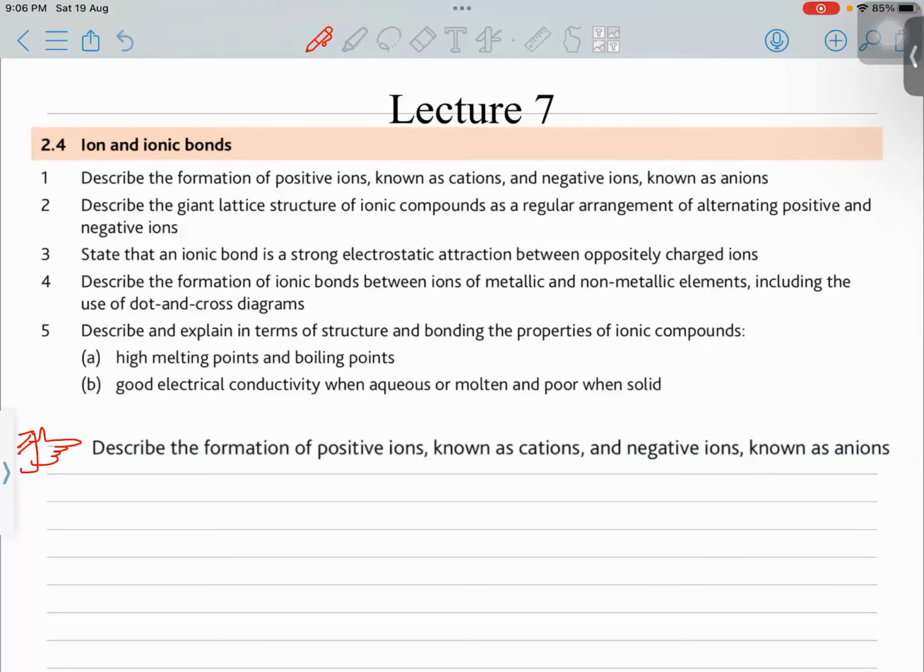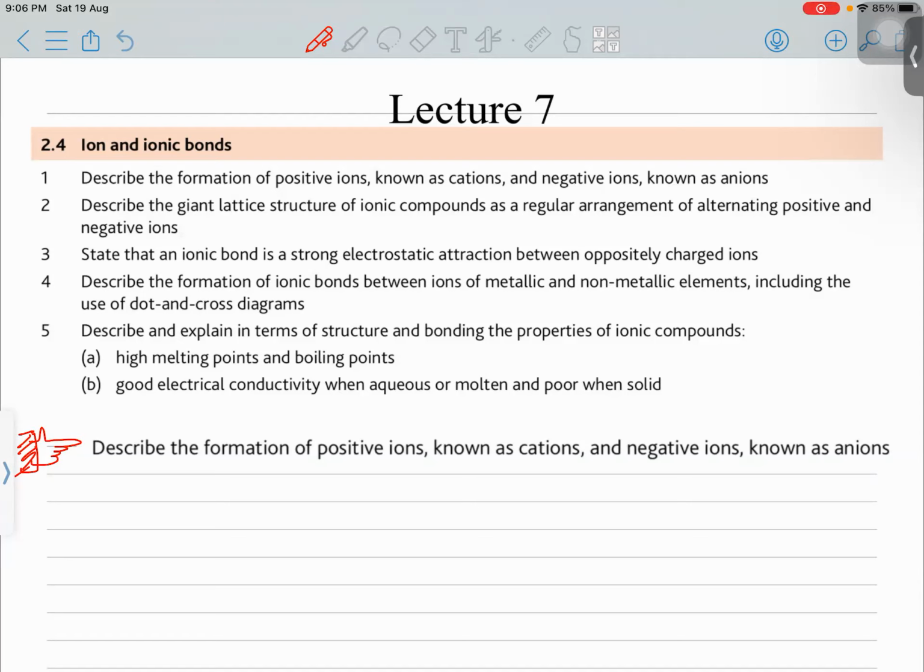It means that the cations have more electrons, meaning it will be plus, and negative ions, which are called anions, will have a net charge of positive.